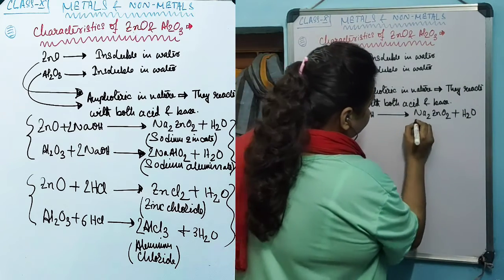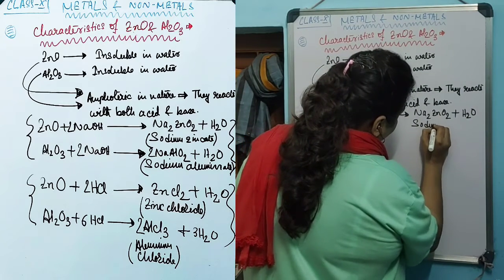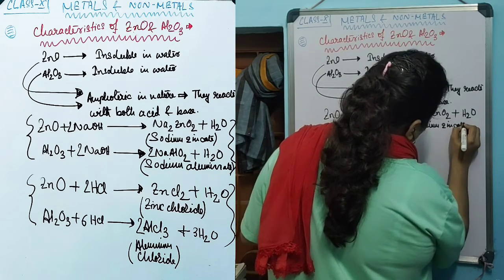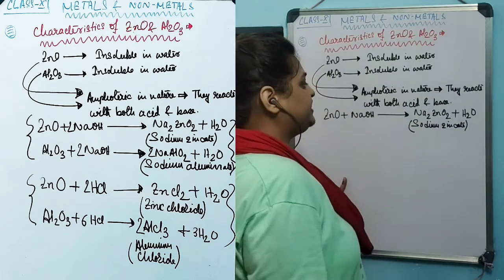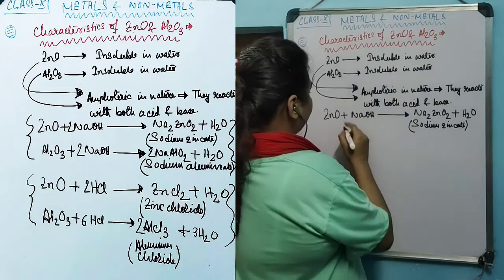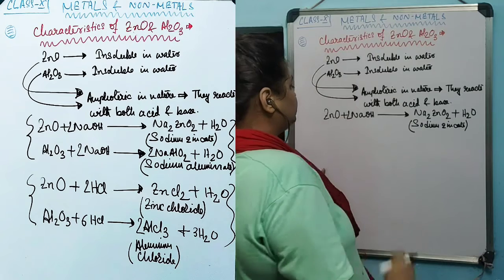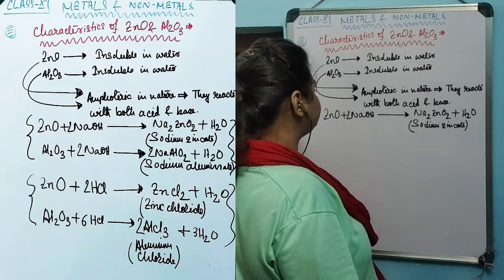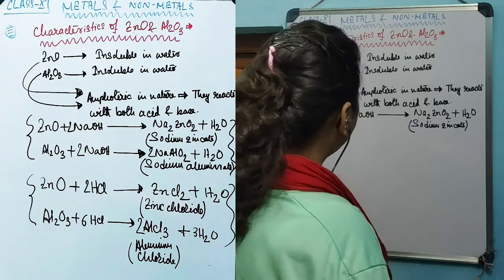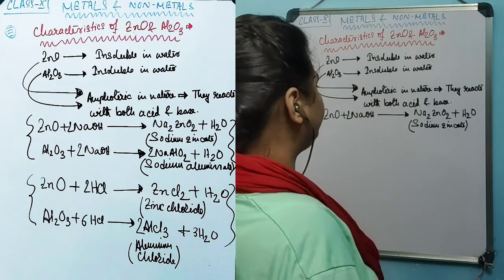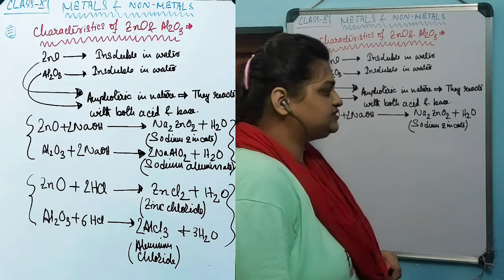This is sodium zincate, Na2ZnO2. To balance this, we multiply NaOH by 2 on the left hand side. This balances the sodium on both sides, and oxygen, hydrogen, and zinc are also balanced on both sides.